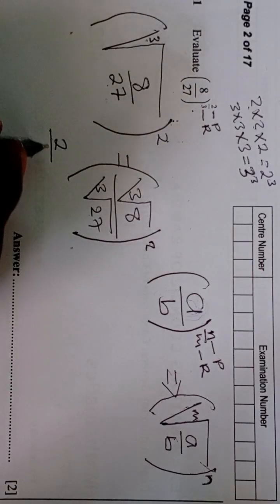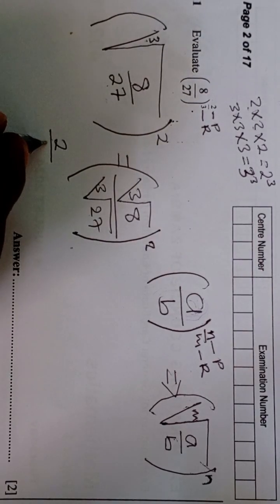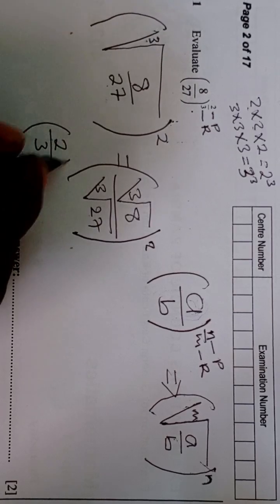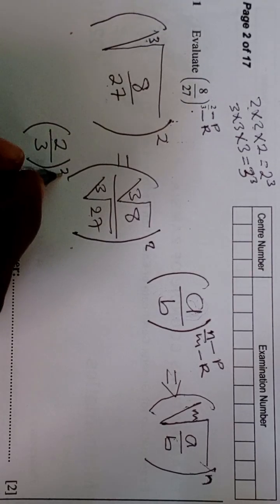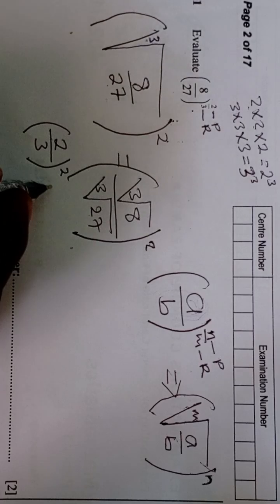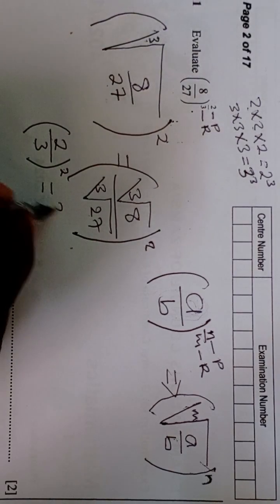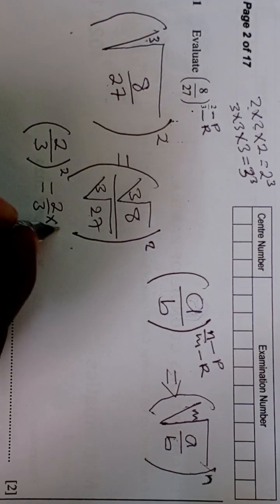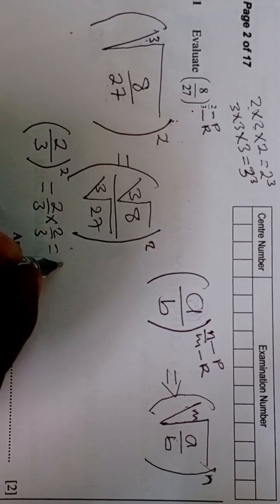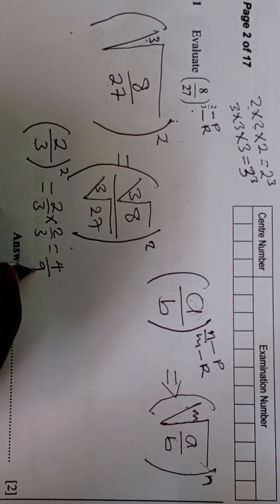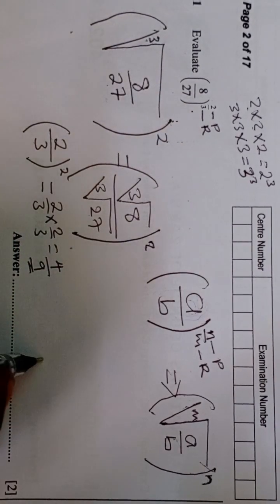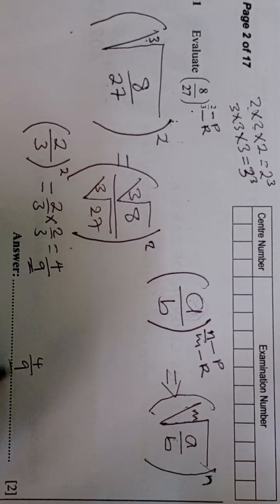So we have 2 over 3, everything to the power 2. 2 over 3 to the power 2 means 2 over 3 times 2 over 3. So the final answer is 4 over 9.